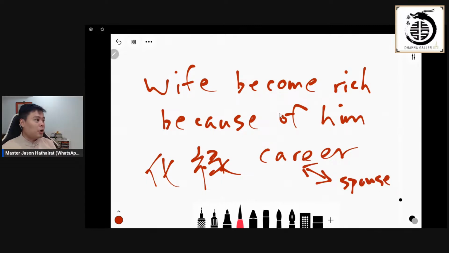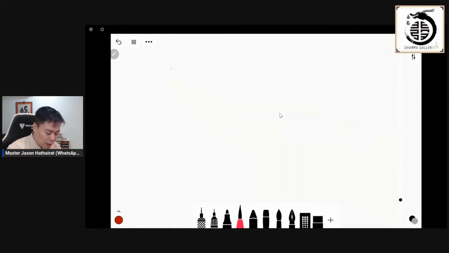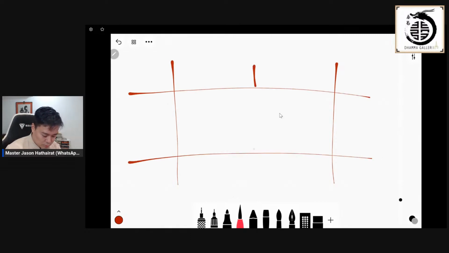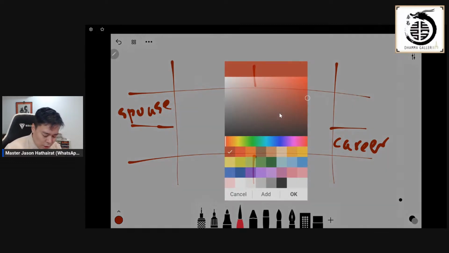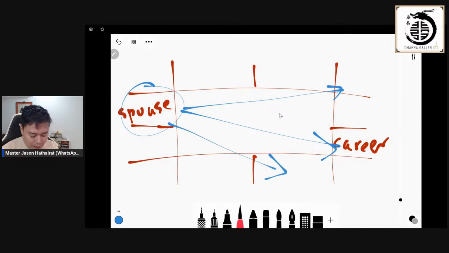Okay, can you understand this point? Because I told you, right, the 三方四正 law will always apply. This is spouse, right? This is career. So if you go and 立太极 at the spouse, 三方四正 will be right opposite, okay?